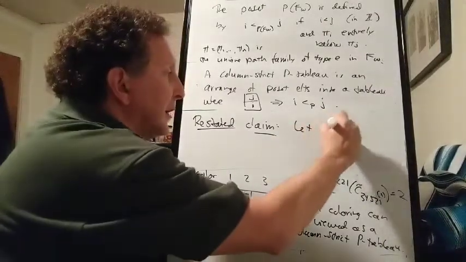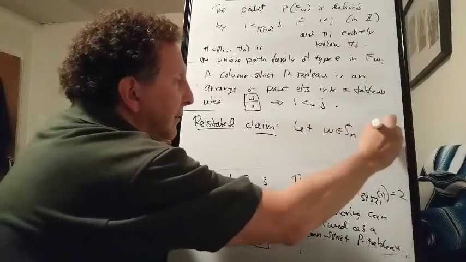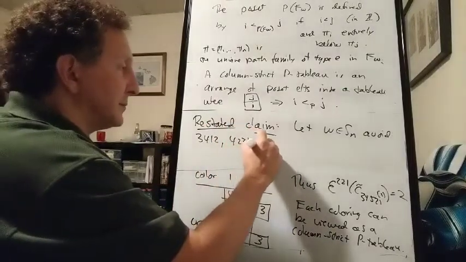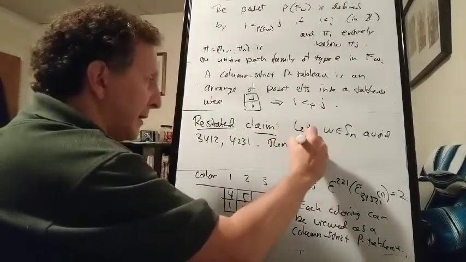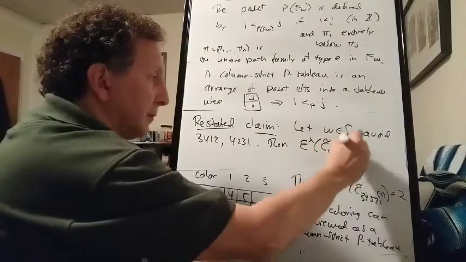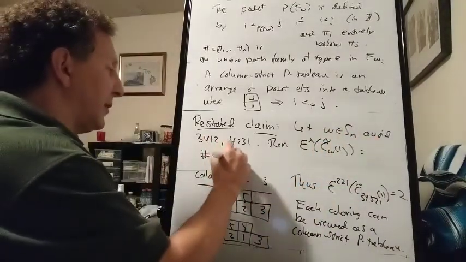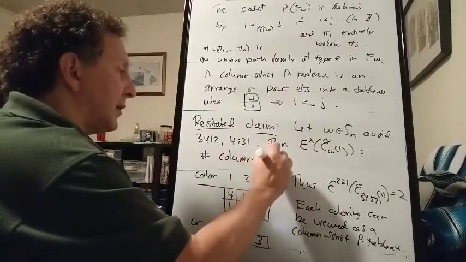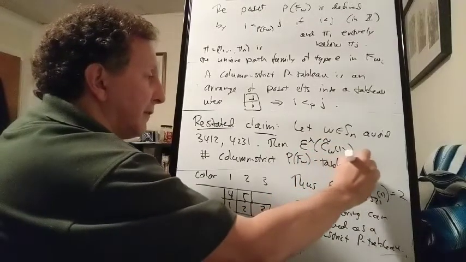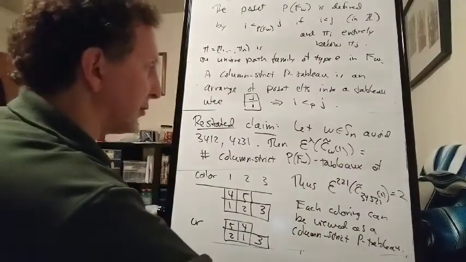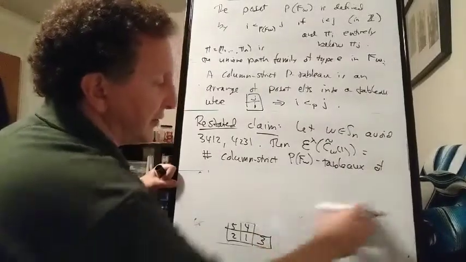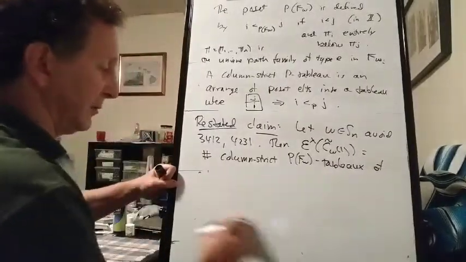If we have W in Sn avoiding 3, 4, 1, 2 and 4, 2, 3, 1, then epsilon lambda of CW equals the number of column strict P of FW tableau of shape lambda transpose, because each column is going to be a chain in the poset of size lambda.